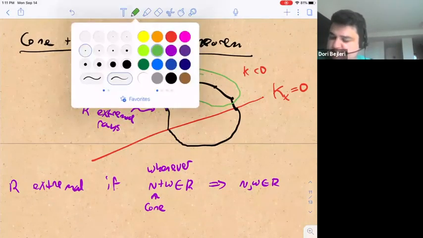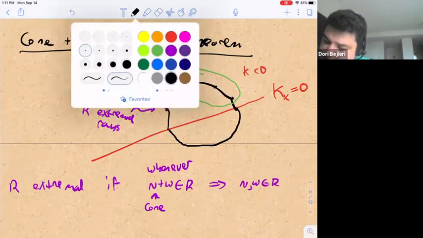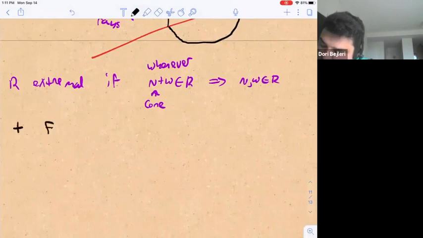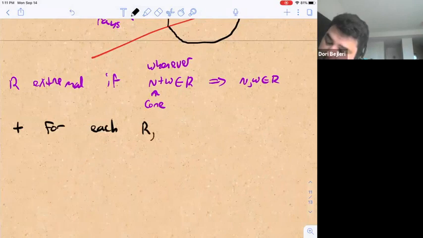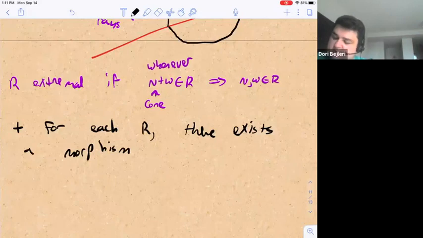That will be the focus of basically the first half of the class. And then the contraction part is the analog of the base point freeness theorem, which says that there exists a contraction for each of these extremal rays. We'll see that there exists a morphism, and the way we'll see it is by producing the linear series, just like we described above.